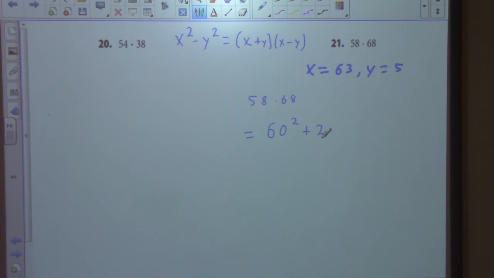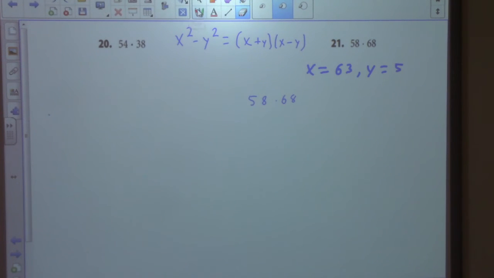Oh, I see what you're saying. Let's go ahead and write it. I want to get everything written out right. Why is it plus 2?